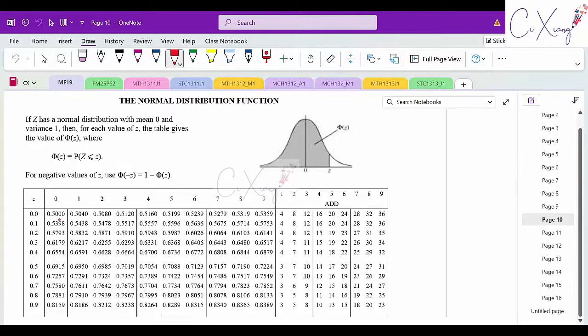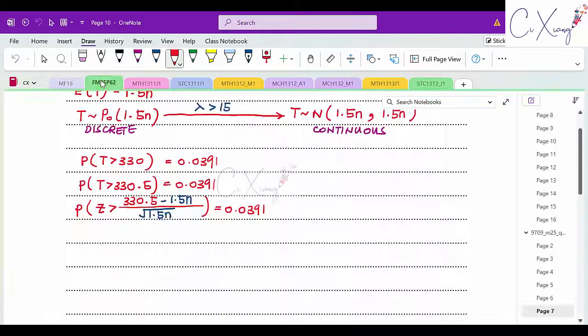The smallest value starts from 0.5. So what should we do? I cannot use 0.0391 directly, but I can find the complementary area for 0.0391. Let's say 0.0391 is this small area here.